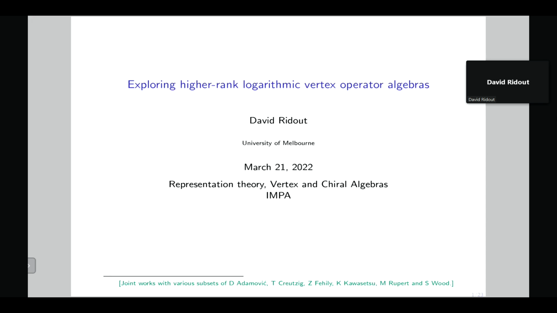And it's basically centered on what we can say about the detailed structure of the representations of higher rank logarithmic VOAs. And the answer is, of course, that we're still very much a work in progress, and the results are fairly limited, but we've developed some techniques which are, I think, interesting.